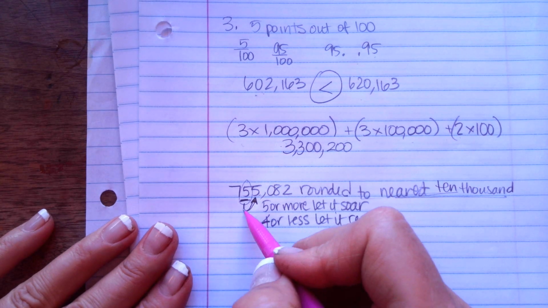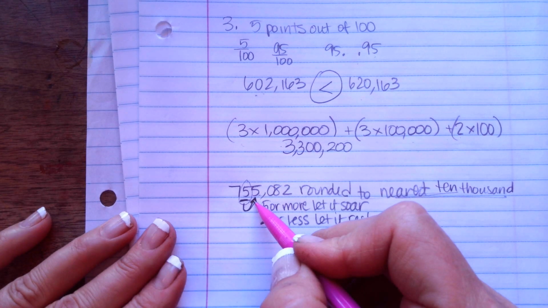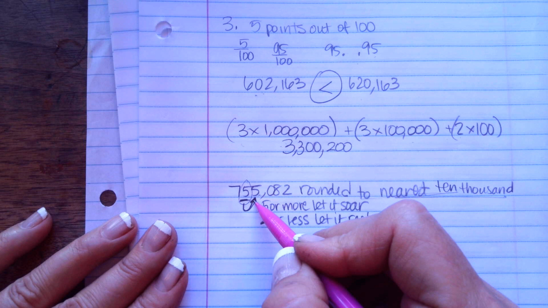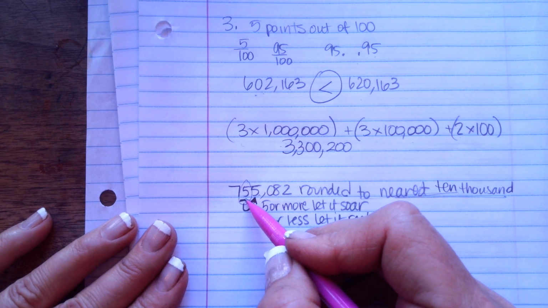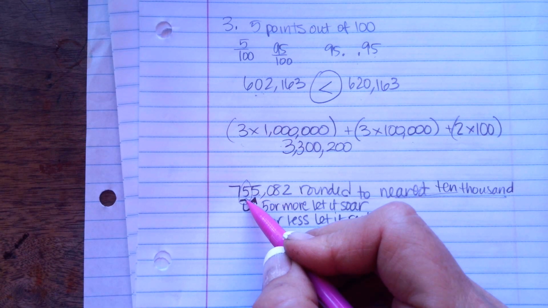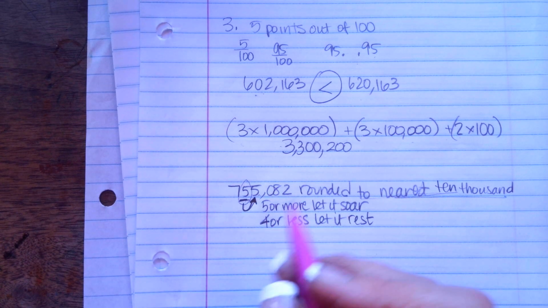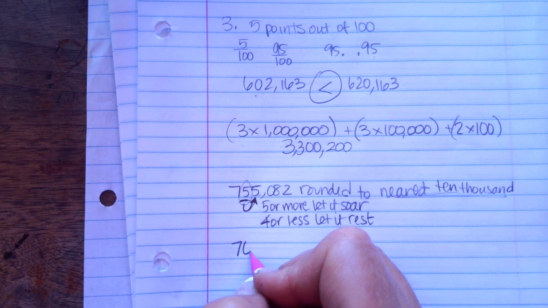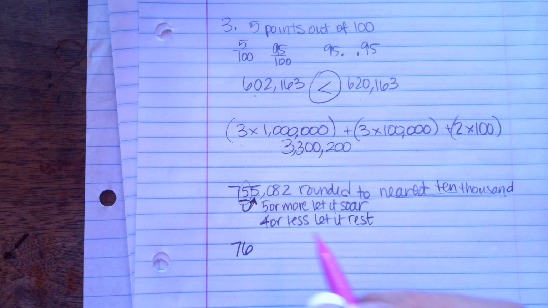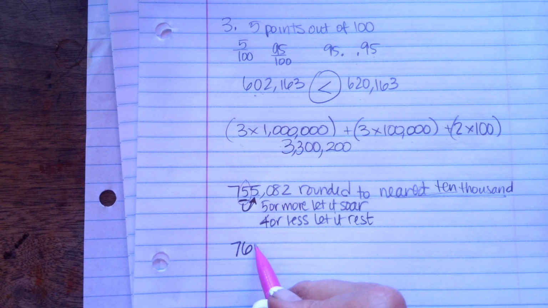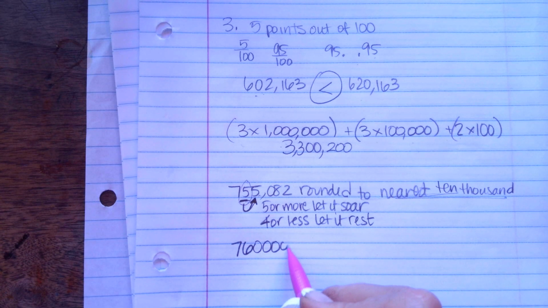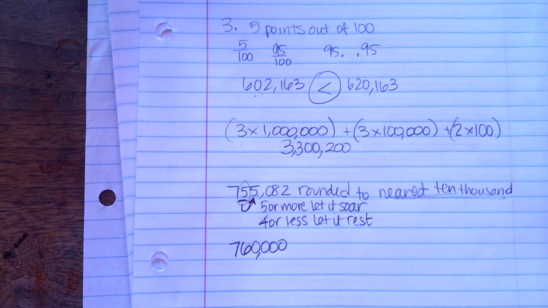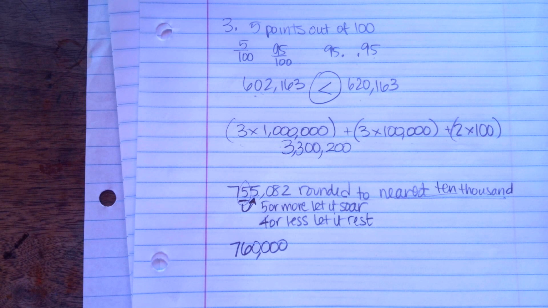So if you go to this neighbor, Jacob, is this going to soar or is it going to rest? Soar. And it only has the power to either go up 1 or stay the same. And then everything after the underlined digit turns into a 0. Okay. Does that make sense to you? All right, let's practice some of those.